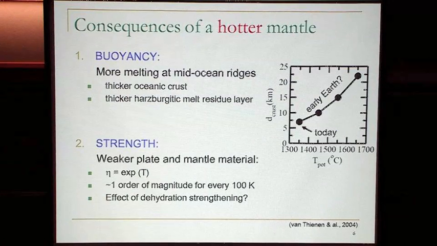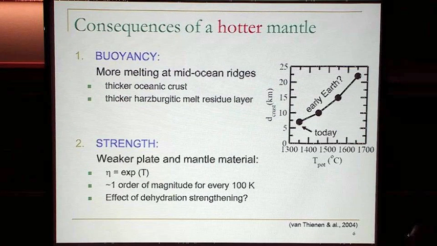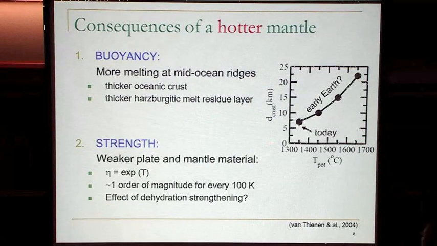One is the buoyancy, which means that when you have a hotter mantle, you produce more melt. The melt is buoyant relative to the density of mantle material. And therefore, the average density of the subducting plate is decreasing. These are estimates for the thickness of the oceanic crust, where we have 7 kilometers today.